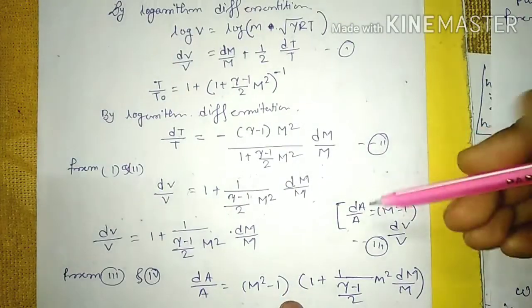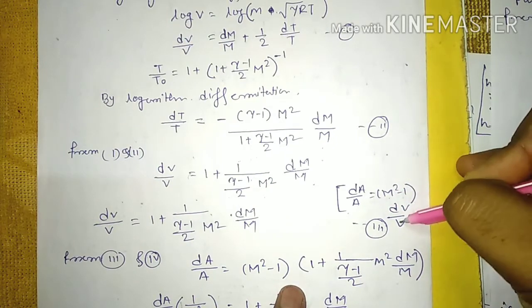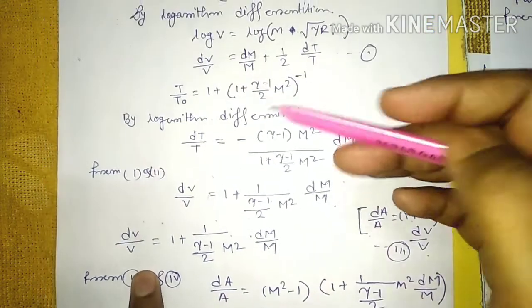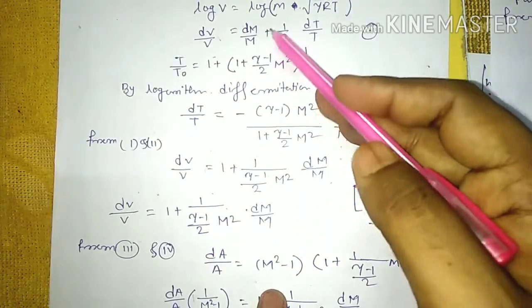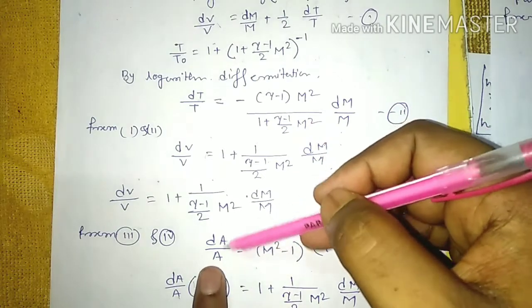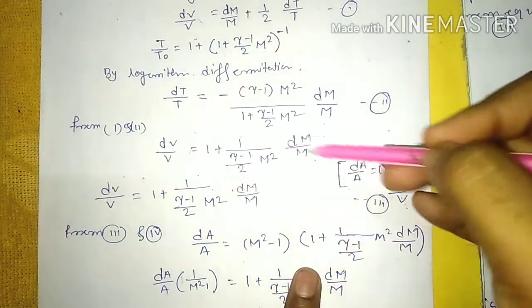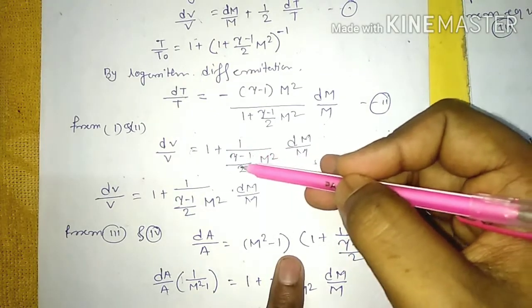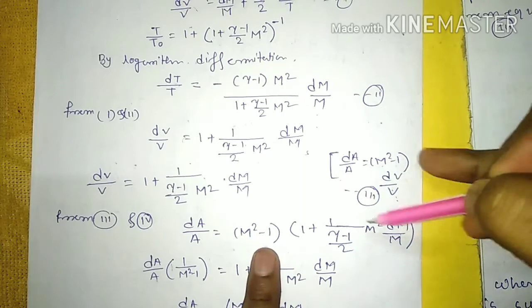So dA by A is equal to M square minus 1 into dV by V. Now here dV by V is equal to 1 plus gamma minus 1 by 2 into M square into dM by M. So you can put this here.